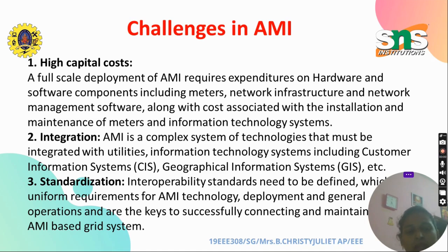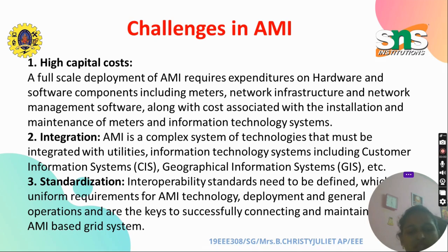The next challenge is integration, because AMI is a complex system of technologies which must be integrated to the utility and to the consumers through information technology systems, which include CIS, GIS, etc. This integration is not easy. It requires a lot of manpower and skilled labor.